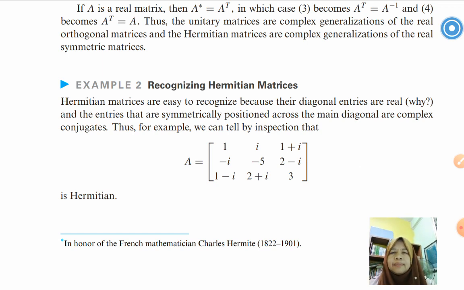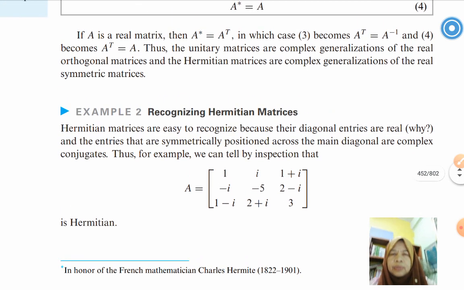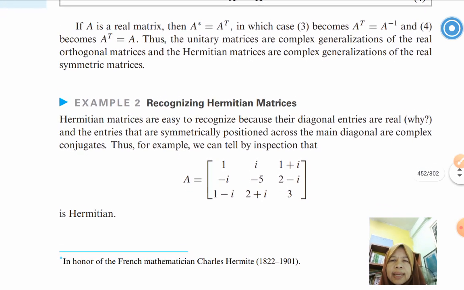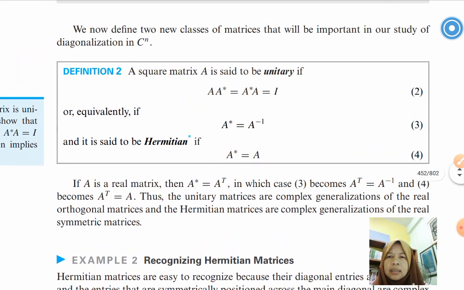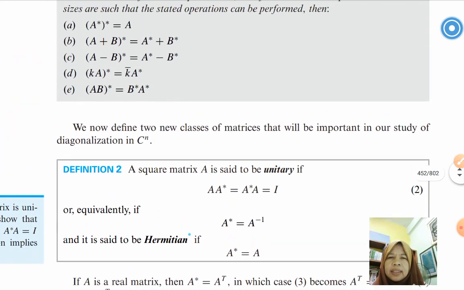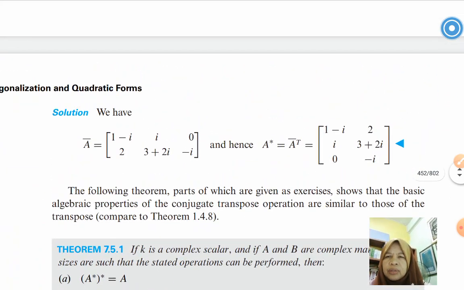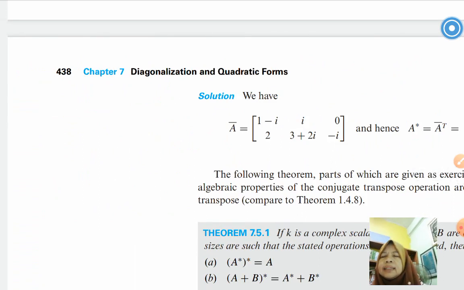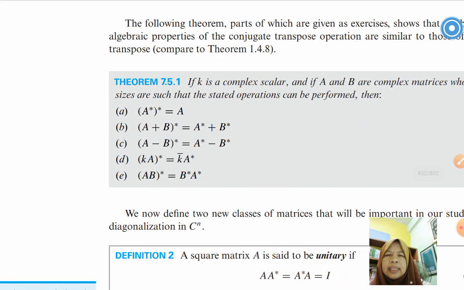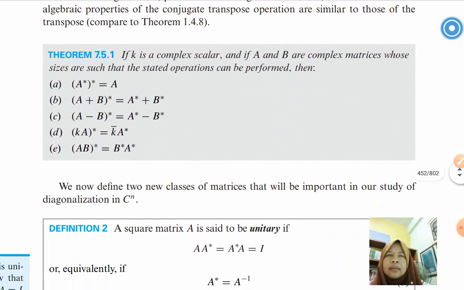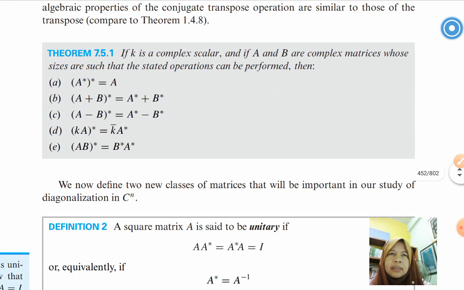For example, refer to the book on how to recognize a Hermitian matrix, page 438, in the book New Linear Algebra. So here are the theorems.